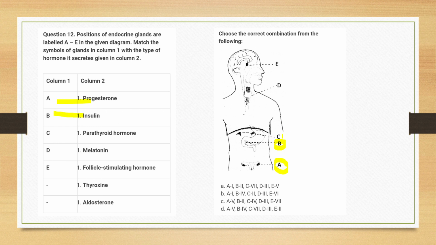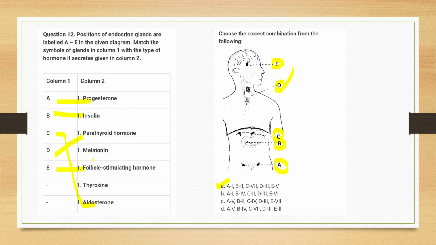Option C is adrenal cortex, which will produce aldosterone, a mineralocorticoid. Now option D is the parathyroid gland, which will form parathyroid hormone. Then option E is the pituitary, which will form our follicle stimulating hormone. See here, option A is matching with all these, so the correct answer would be option A.